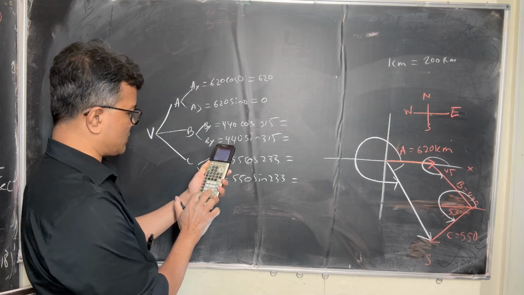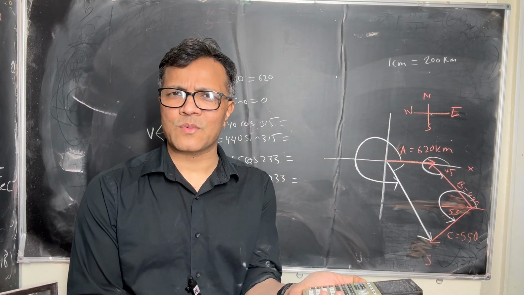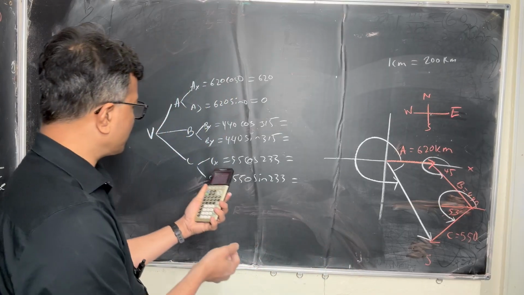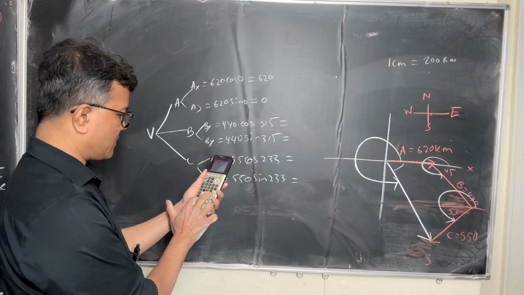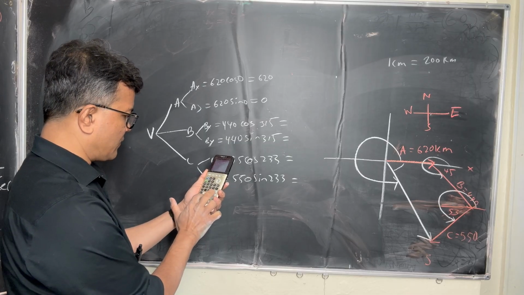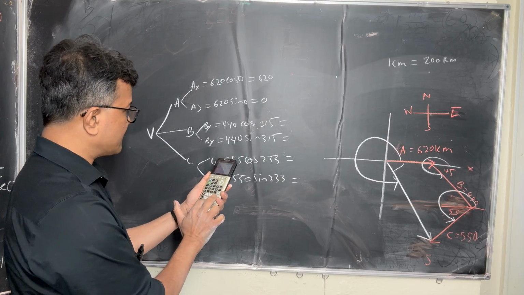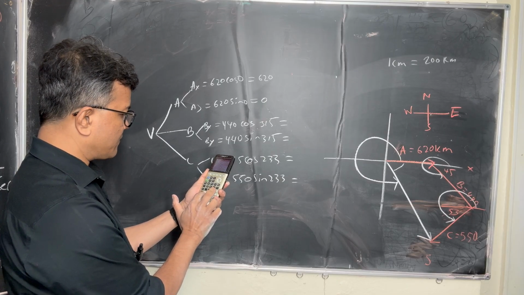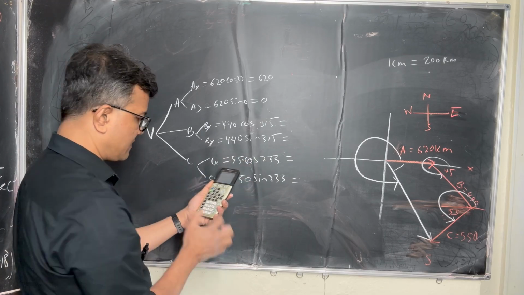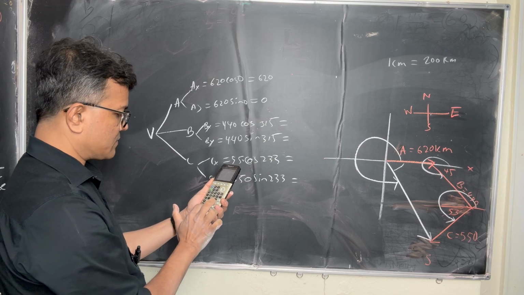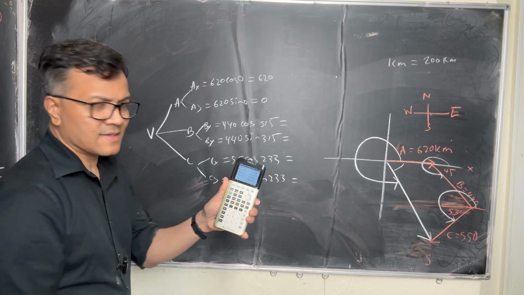And if you use the law of parallelogram or law of cosine, it takes 1 minute. 440 cosine 315, 440 sine 315, 550 cosine 233, 550 sine 233.